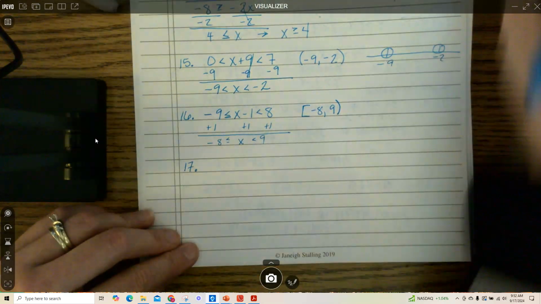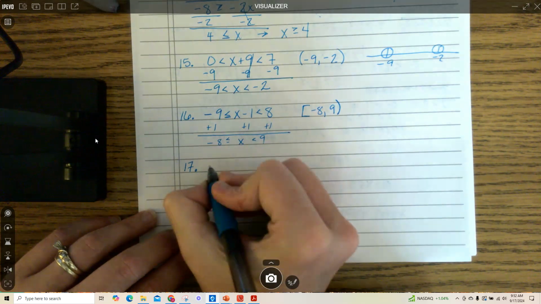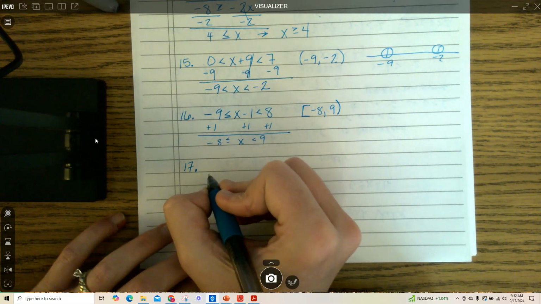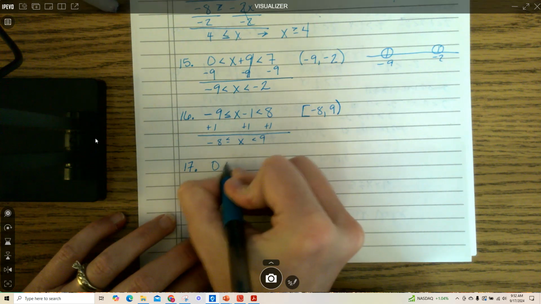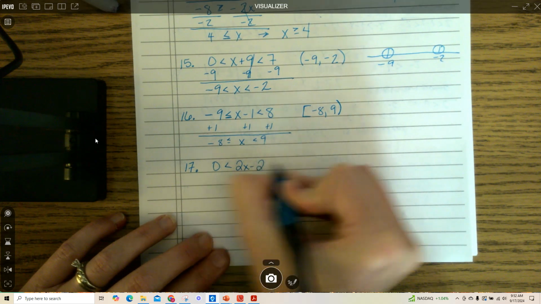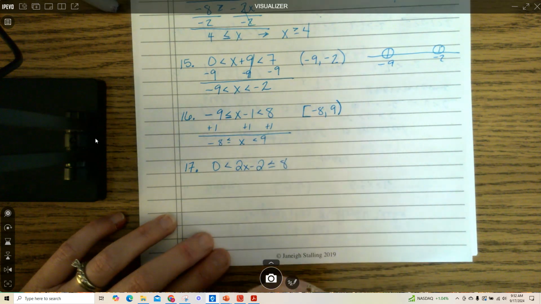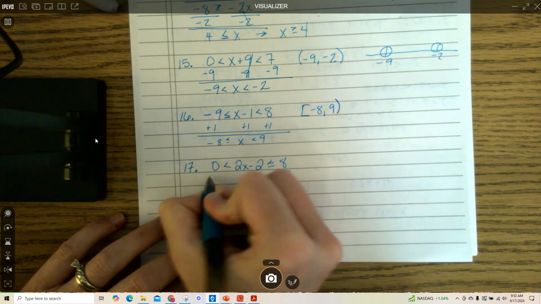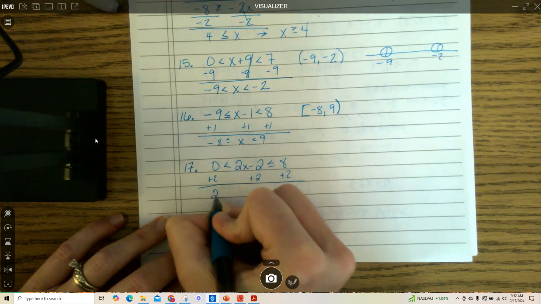17. Had something to do with TikTok, so that's why I watched. 0 is less than 2x minus 2 is less than or equal to 8. Like that? Yeah. Okay, so add 2 to both sides, or to all 3 sides.